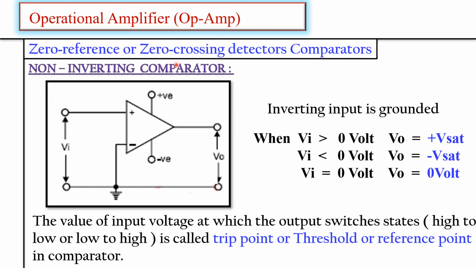Types of comparators. First one, the zero reference or zero crossing detector comparators. Case 1: let us see the non-inverting comparator. What do we mean by non-inverting comparator? We are applying the input to the non-inverting terminal and we are grounding the inverting terminal. So the op-amp is used without feedback. When the inverting input terminal is grounded and the input voltage at the non-inverting terminal is above 0 volt, the op-amp is saturated.